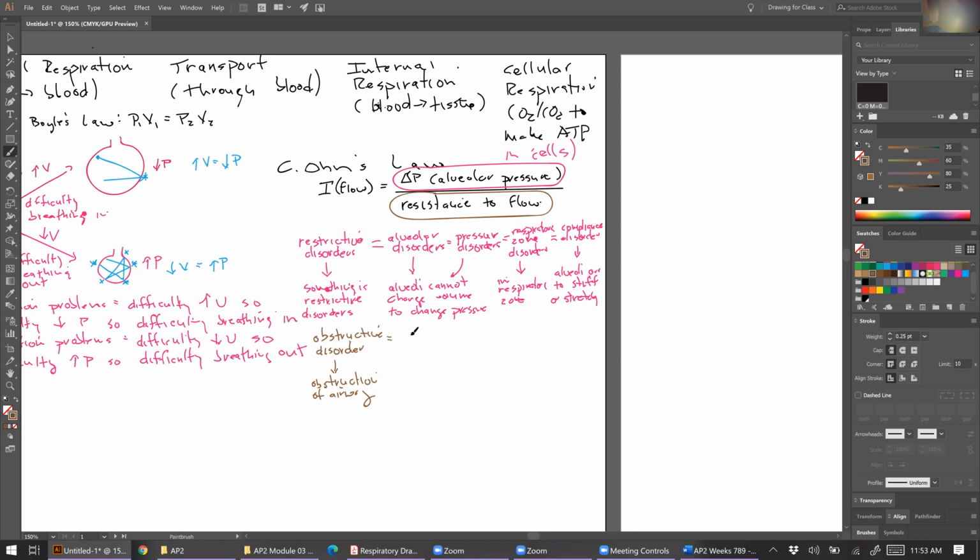These are called airway disorders, because the problem is with the airway. The airway is blocked.